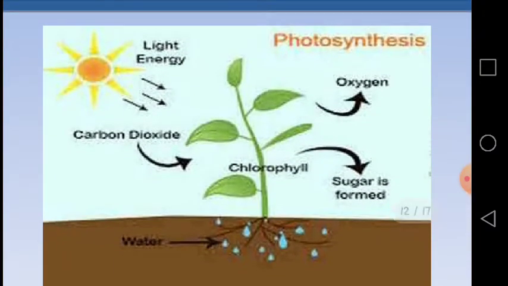Chlorophyll actually traps the sunlight, and this sunlight is used to make the food. The carbon dioxide present in the air is absorbed by the leaves through stomata, and the water is absorbed by the plants through roots. Then, with the help of the sunlight, chlorophyll helps to make the food, and in this process, oxygen is also released.